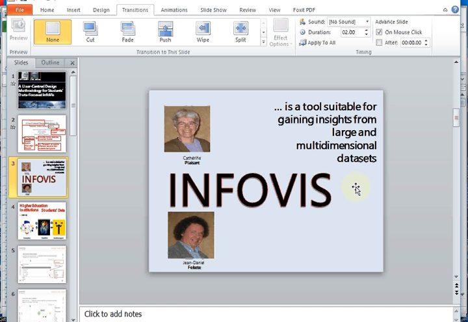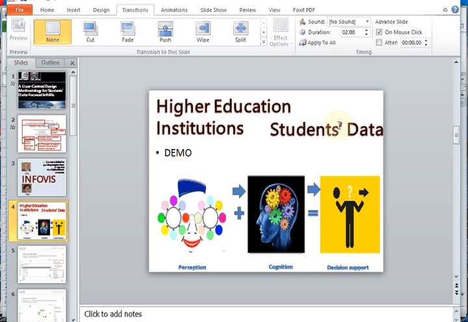InfoVis combines this with interaction techniques, with visualization techniques, and this is what makes it more appropriate and even usable to people who are not from the rigid technical background. So InfoVis uses this to help in supporting the perception. This is visualization. It gives a clearer picture using statistical graphics.